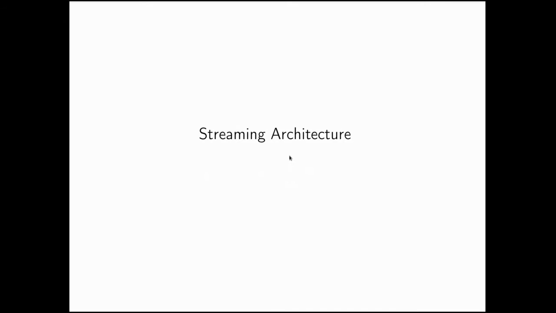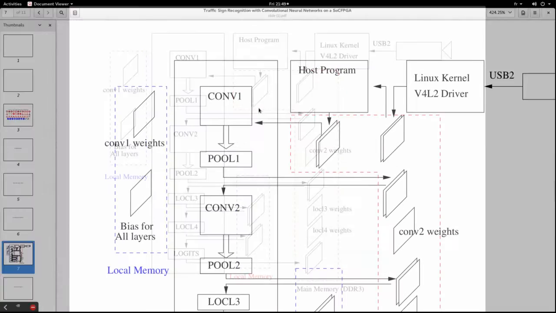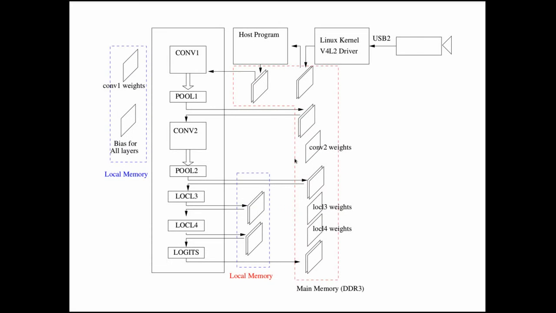After this, we implement the inference phase in OpenCL. This is the inference phase implemented within the FPGA, and as you can see, it consists of the same layers, and each one of these layers is an OpenCL kernel.